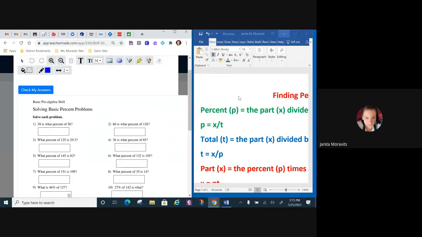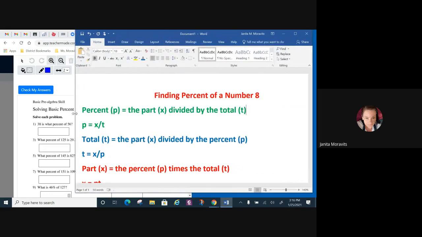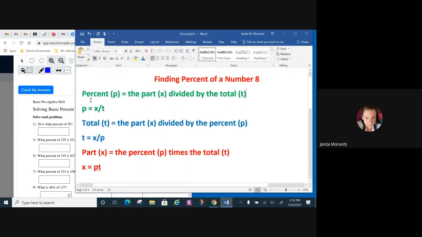It says solving basic percent problems, and these are things that you've been doing. I want to show you this right here. Finding percent of a number: if you're looking for the percent, it equals the part divided by the total.